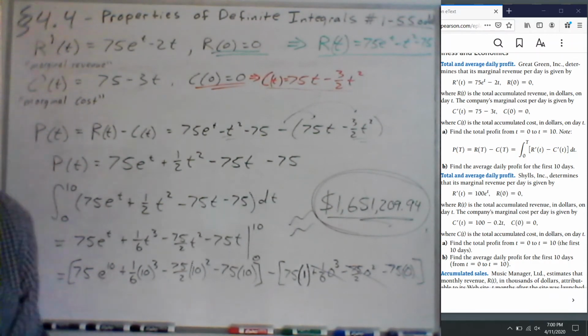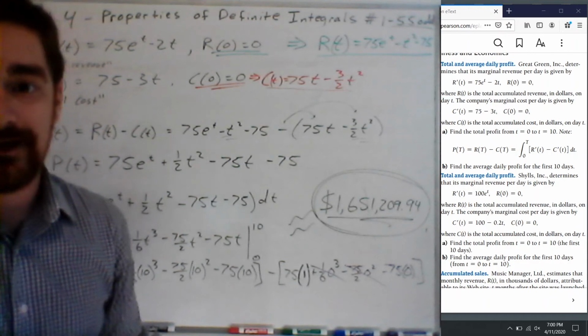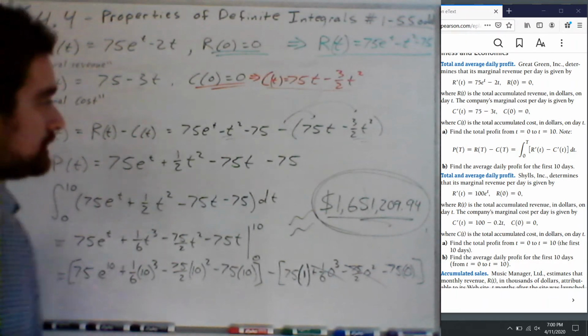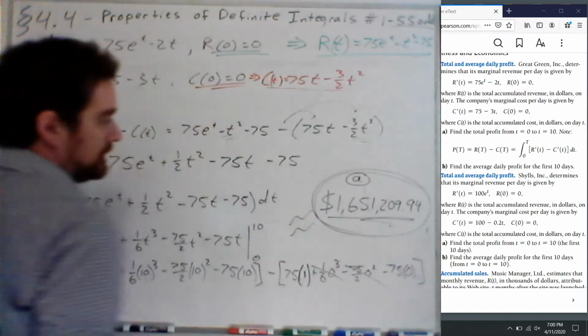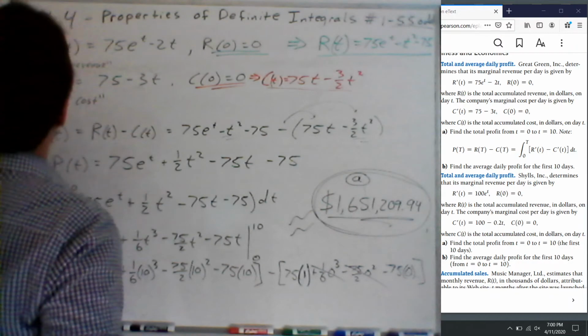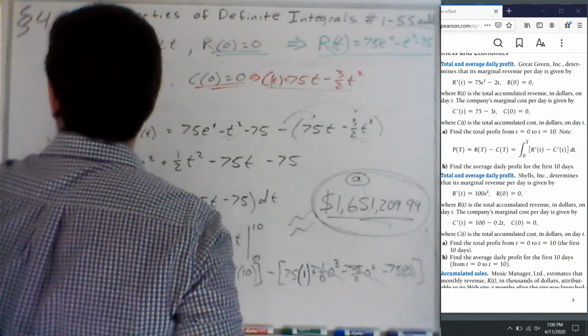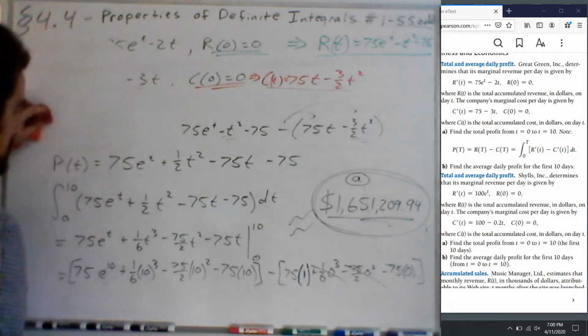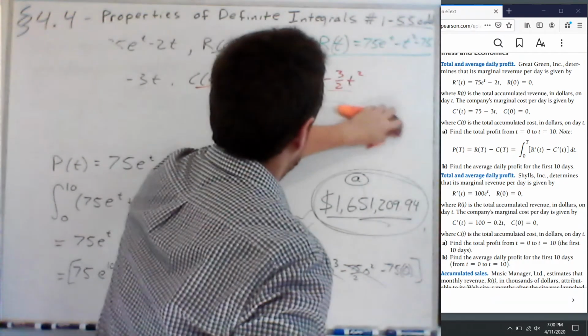And then part B asks us to find the average daily profit for the first 10 days. So as far as part A is concerned, we're good. That's our total. But what is the average profit that we get? I'm going to keep my profit function.